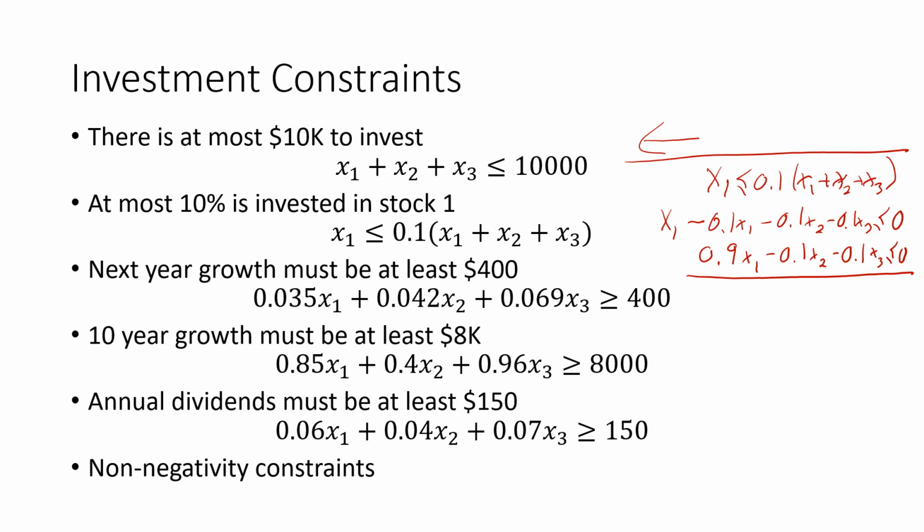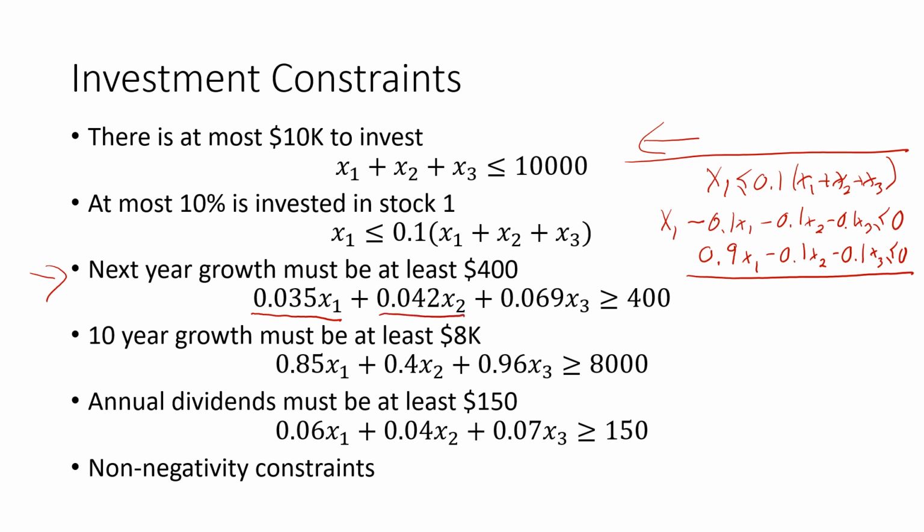What about our next constraint? Next year's growth has to be at least $400. Well, our chart said that we get 3.5% growth in year 1 from stock 1. So the growth we get in stock 1 is 3.5%, or 0.035, times the amount that we put in. That's the growth we get in year 1 from stock 1.